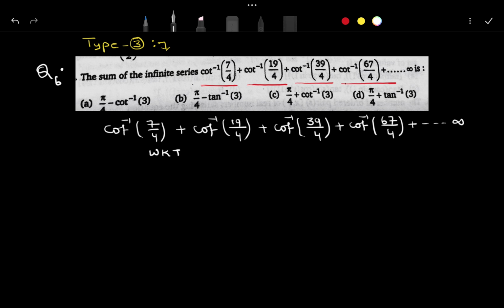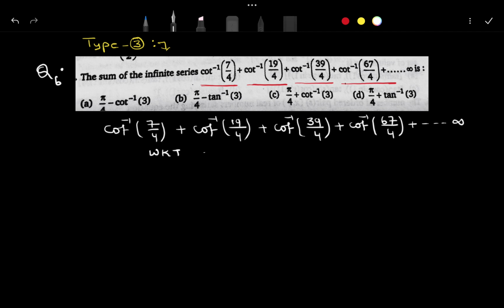I told you first that if any inverse trigonometric function other than tan inverse is given, you should change it into tan inverse, because it will be very easy to find the sum of the n terms or the sum of the infinite terms of the series.